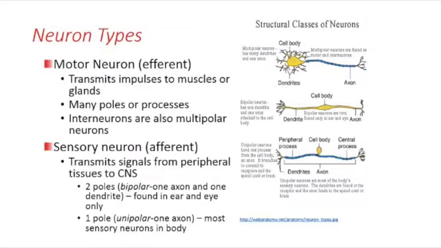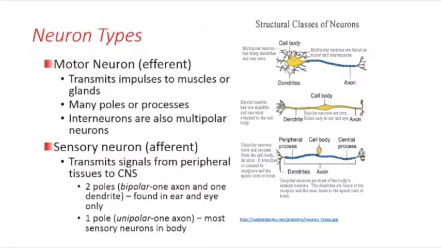So you can again see the example of the unipolar neuron down here and the bipolar neuron up here. And the bipolar neuron has two poles, basically the axon and the dendrite over here. And then here's the cell body, or the soma, of the unipolar neuron.